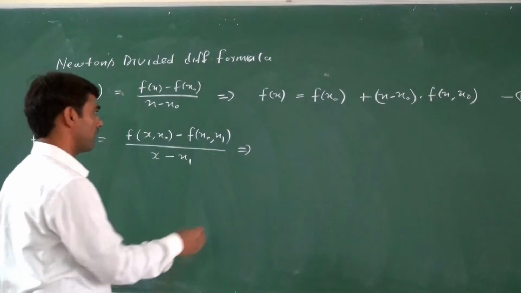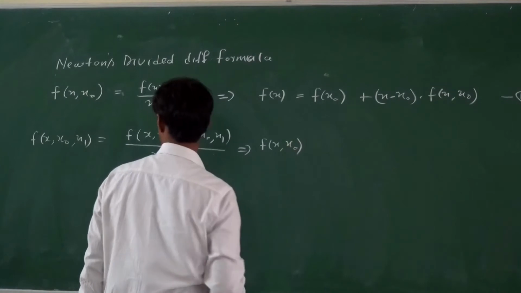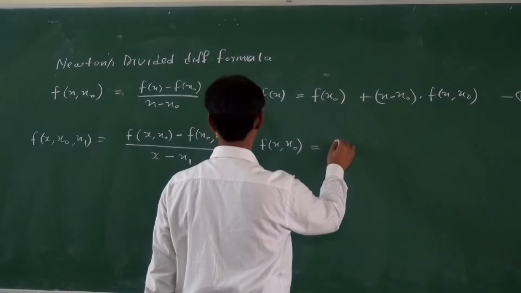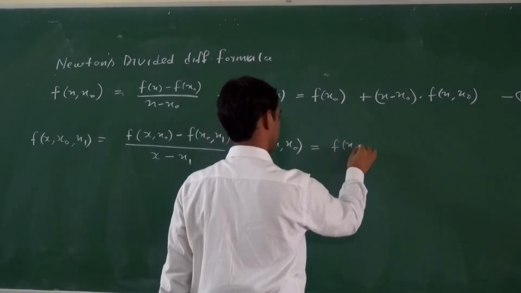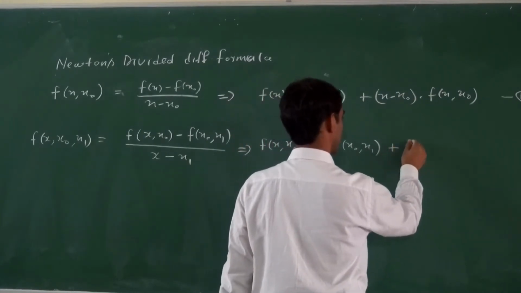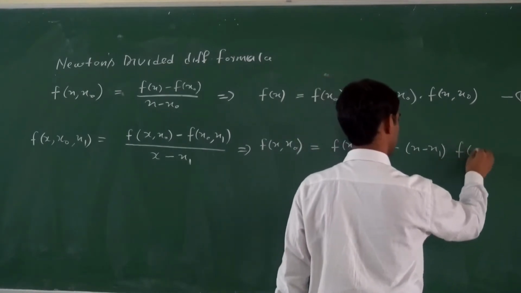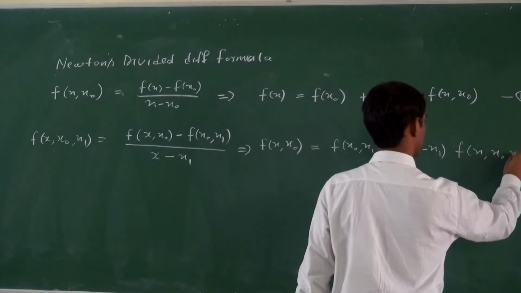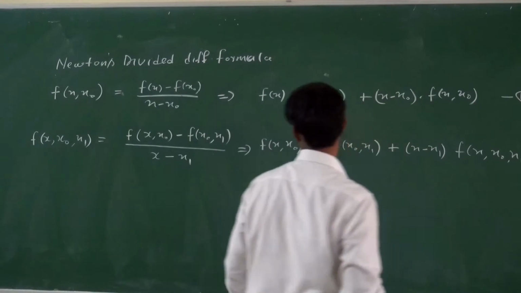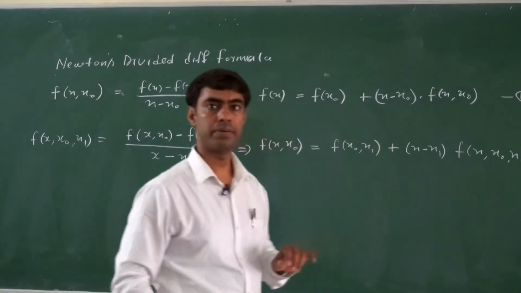It equals f of x0, x1 plus (x minus x1) times f of x, x0, x1. So from equation 2, put the value into equation 1.